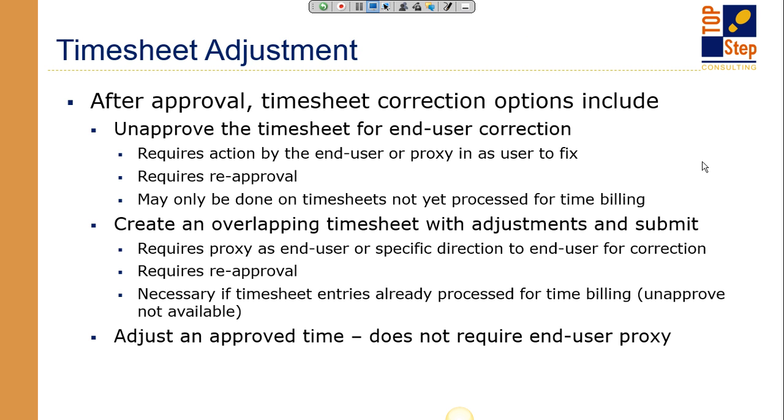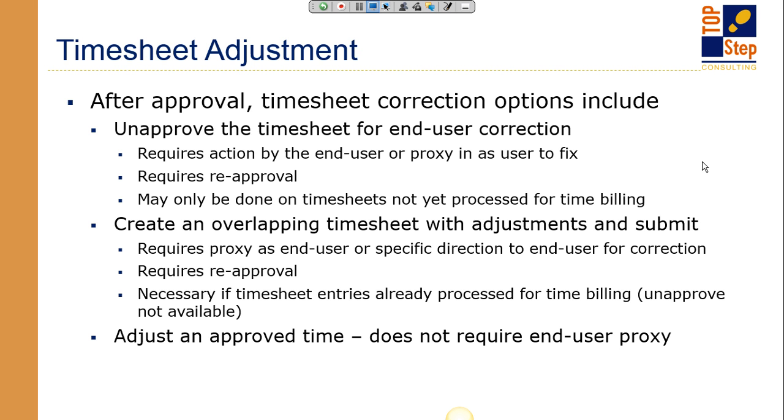What this does is really shortcut that whole process. Now, there are a few options for adjusting a timesheet. One, if the time has not been billed, you can unapprove the timesheet. This is really helpful for customers whose billing is done at the end of the month. They do auditing throughout the month to make sure their billing is correct, and they realize someone made a mistake.